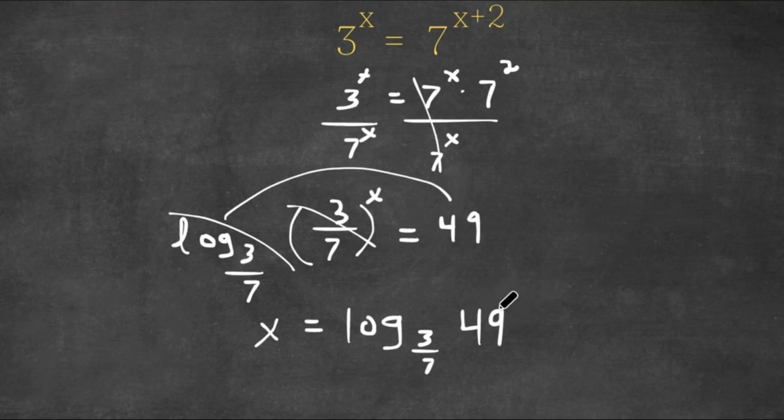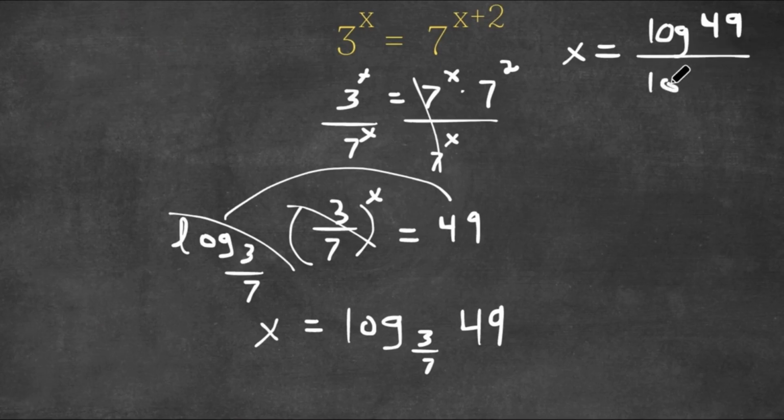And although this is right, this can actually be simplified, and I could rewrite this using the change of base formula for logarithms: x is equal to log 49 over log 3 over 7.